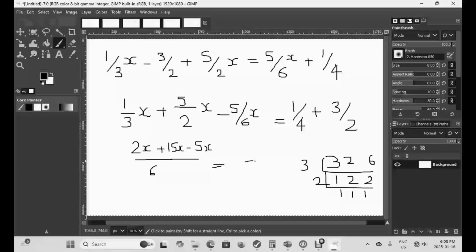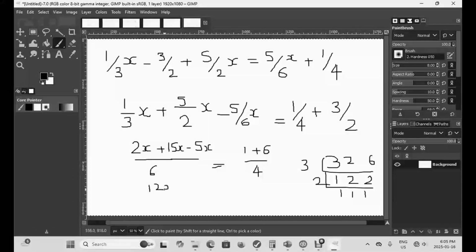Equals, 4 over here as your denominator, and this will be 1 plus 2 goes into 4 twice, times 3 is 6. So 2x plus 15x is 17x, minus 5x is 12x.